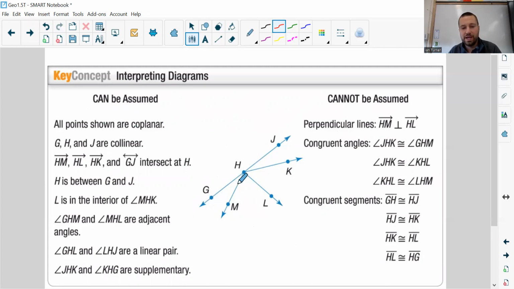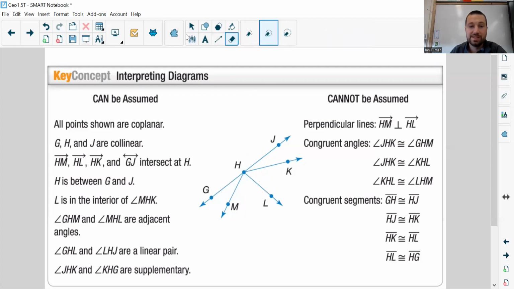We can assume, like, if points are on a line that they are collinear. We can assume that angles next to each other are adjacent angles. We can assume that, like, if we know these are a linear pair, right? We know that these guys are a linear pair.